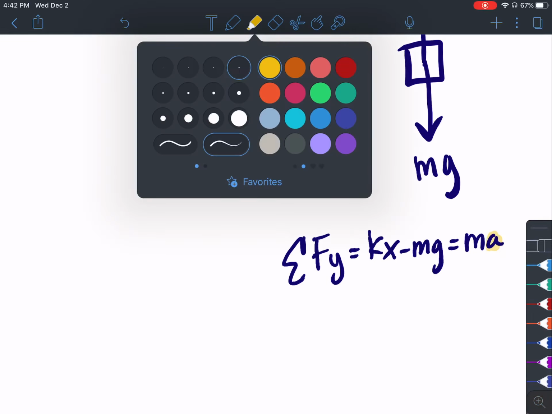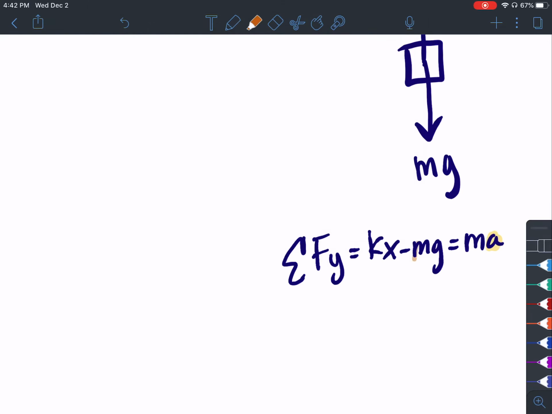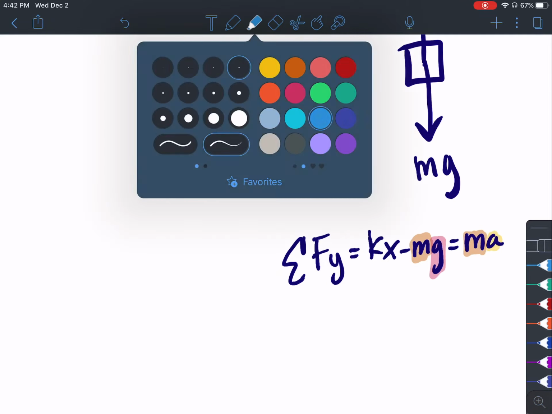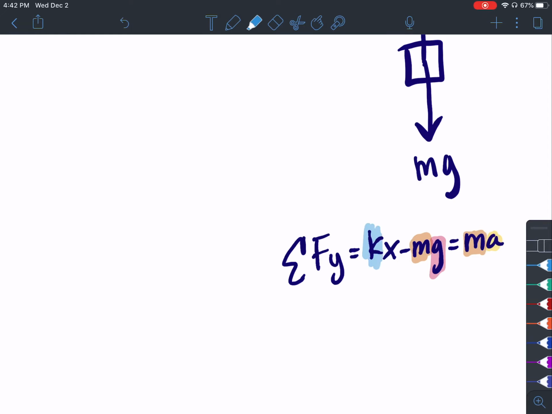In the problem, we were given mass. We know that gravity is a constant. So somehow in the problem, we have to figure out what our k and what our x are. This is what we're actually trying to find from the problem.